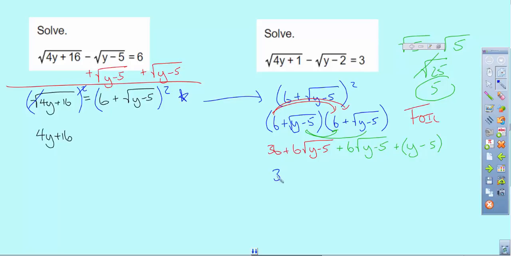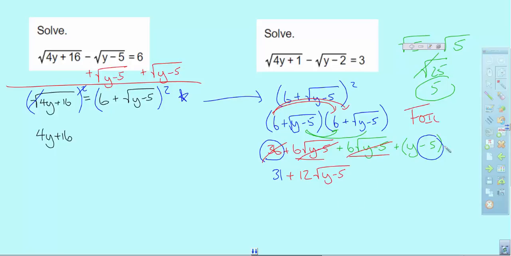Let's do it this way. I've got the 36 right here. I've got a minus 5 right here. I put those together, that gives me 31. Plus, I've got a 6 square root of y minus 5 and another 6 square root of y minus 5, for a total of 12 square roots of y minus 5.